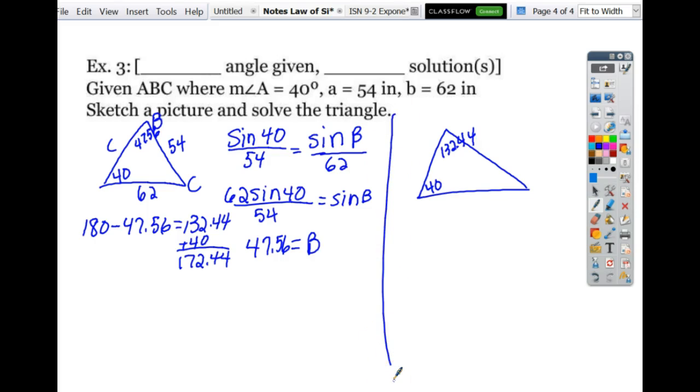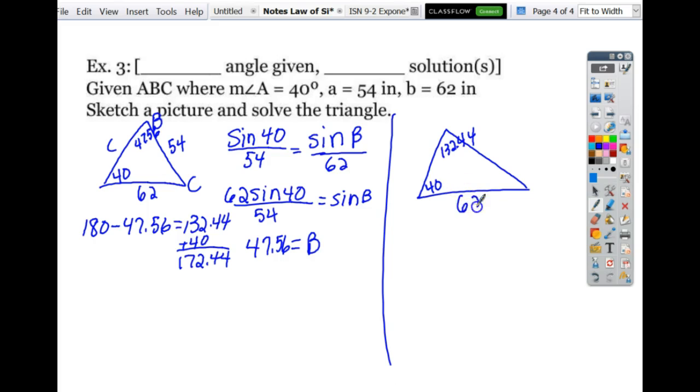Here's the second triangle, and this time I'm going to use this as my angle B, because it's the ambiguous case. It can flip back and forth. So you get two triangles. This is the first one, and this is the second one.